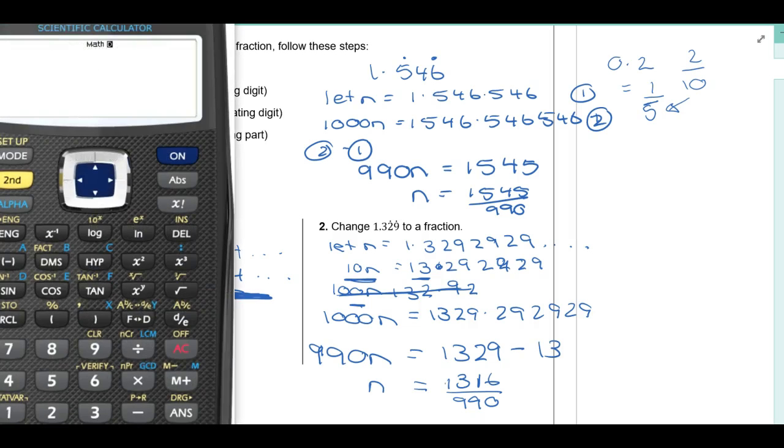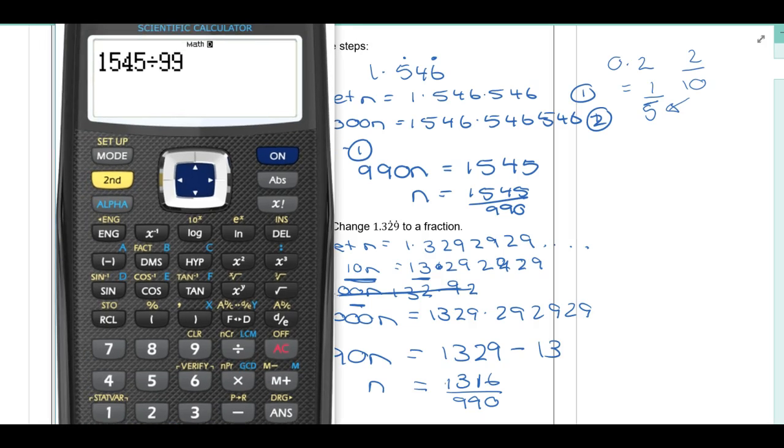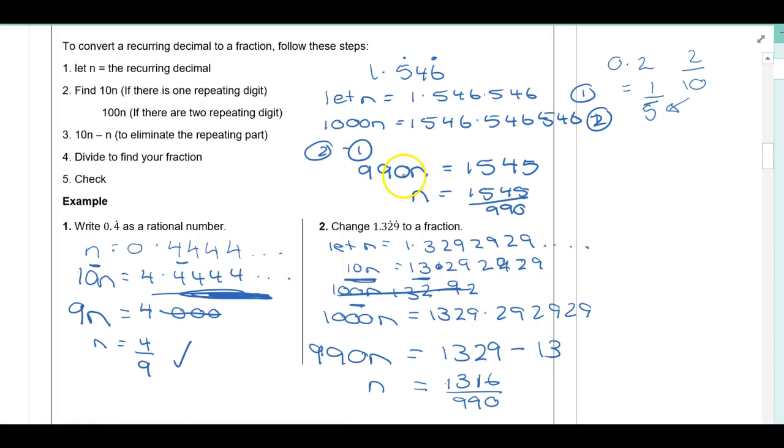Let me bring mine up. If I say 1545 on 990, oops, too many. 999, I can't subtract 1.